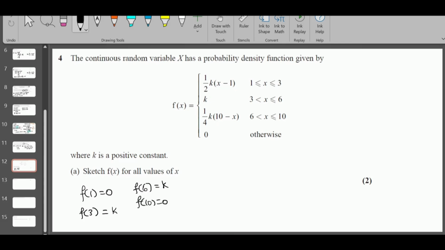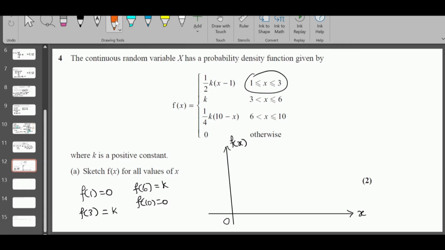So I'm going to sketch the graph now. Draw the f of x and x axes. Always label the origin first. From 1 to 3, when you put 1, it's 0. So this is (1, 0). And then when it's 3, it's k. The line goes all the way up to k.